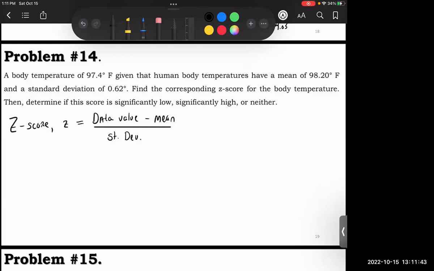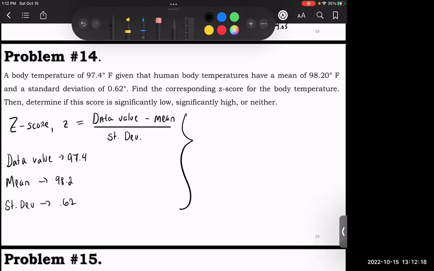Looking at our problem here, what is the data value? 97.4. What is the mean? 98.2. And our standard deviation? 0.62. Now insert everything into the formula.